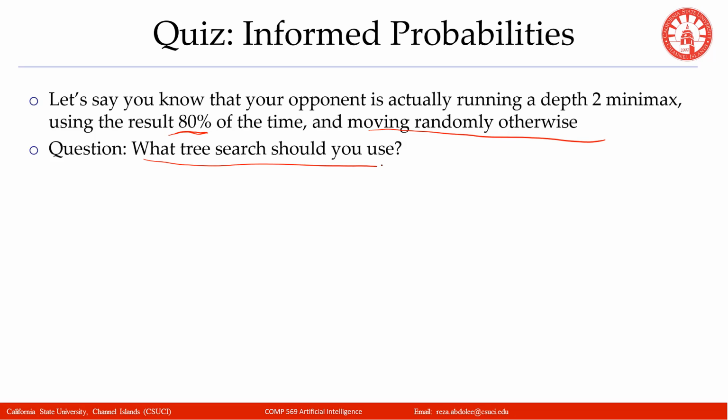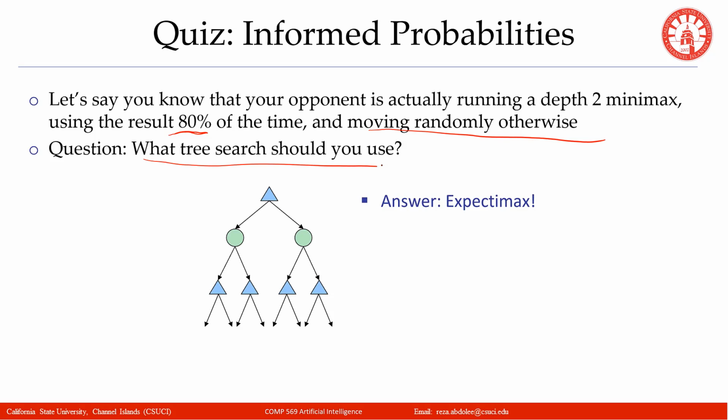For adversarial search, so far you learned two of them, minimax and expectimax. So this question relates to the choice between these two. Your adversary acts 80% of the time optimally and 20% randomly. So the answer to that question is expectimax. You use expectimax because you're going to have a better chance of getting a bigger utility in your process.